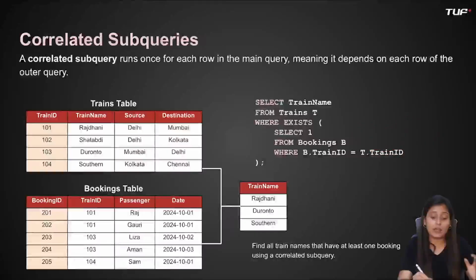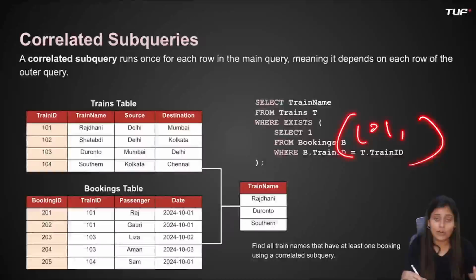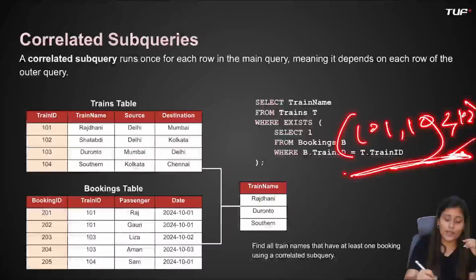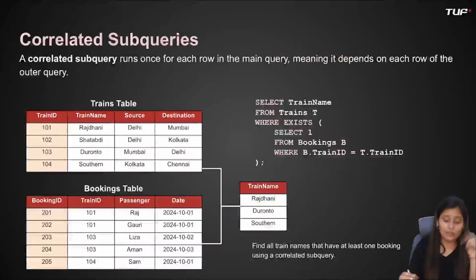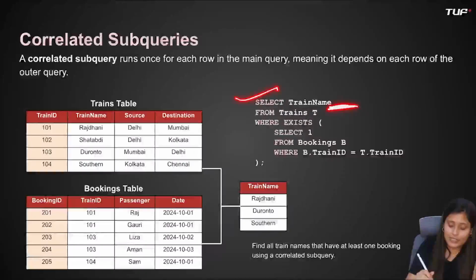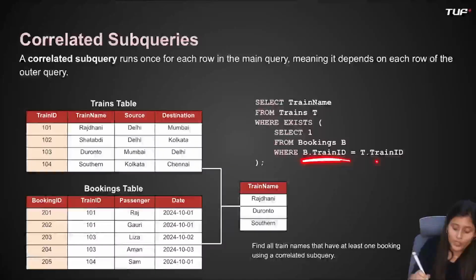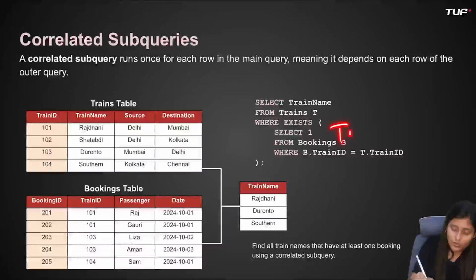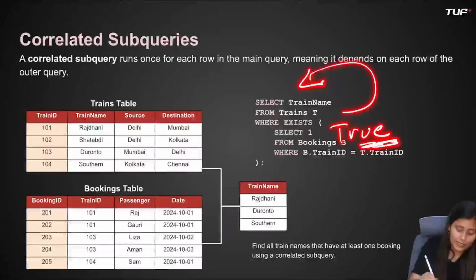Instead of giving the collective result, like in the earlier IN operator cases where we queried 101, 102, 103 all together and then checked one by one, in this case, since it is true for train ID 101, it checks the trains table for the train name. So Rajdhani will be there.